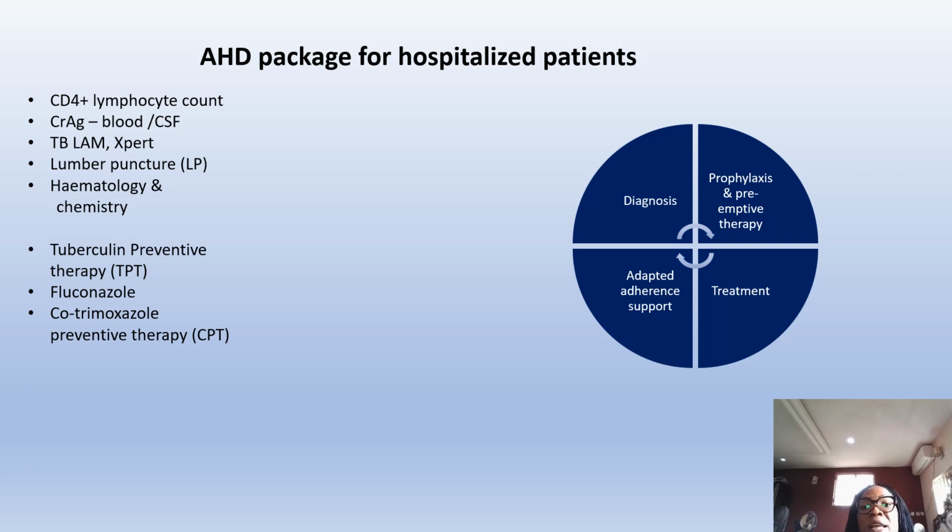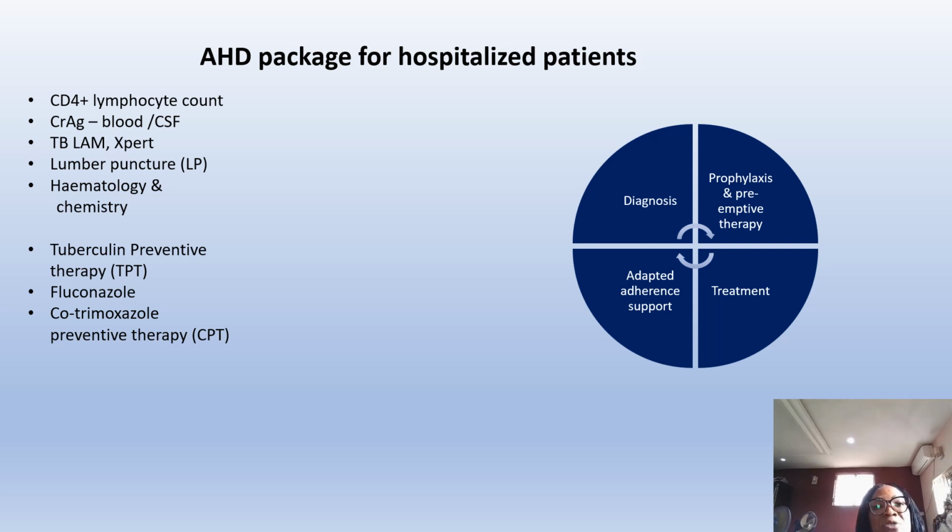Preventive or prophylaxis or preemptive treatment. For tuberculosis, we have what we call tuberculosis preventive therapy. Here, commonly, we use isoniazid to prevent TB. If we look at the child or the adolescent or the adult and they don't have clinical features suggestive of TB, we can prevent, because we know that TB causes as much as 35% of AIDS-related death.